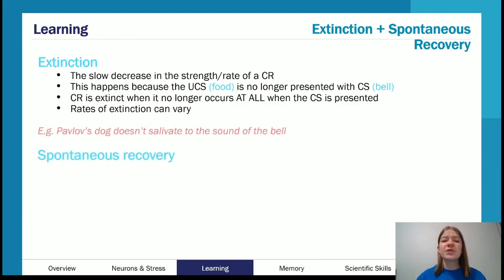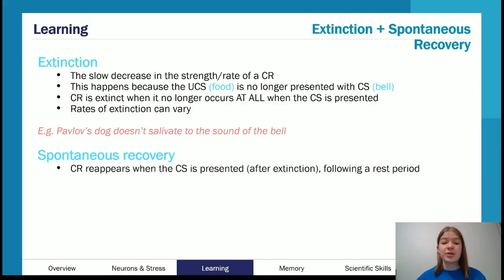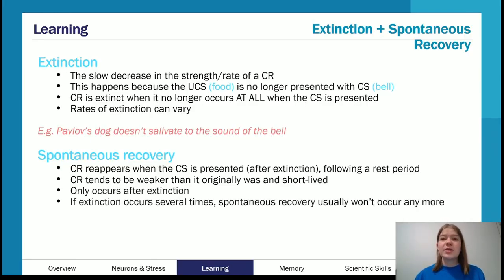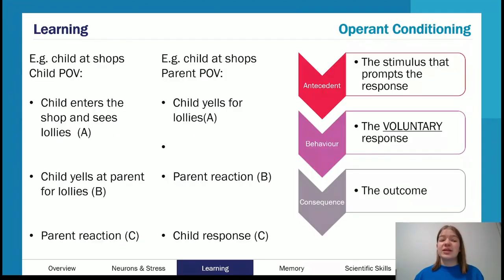This is after extinction is thought to have occurred. Then you have a rest period, and then you present your conditioned stimulus again, and the conditioned response reappears. This tends to last a bit less. It's faster to go away again, and a bit weaker than what it originally was. And eventually you tend not to get any spontaneous recovery anymore.